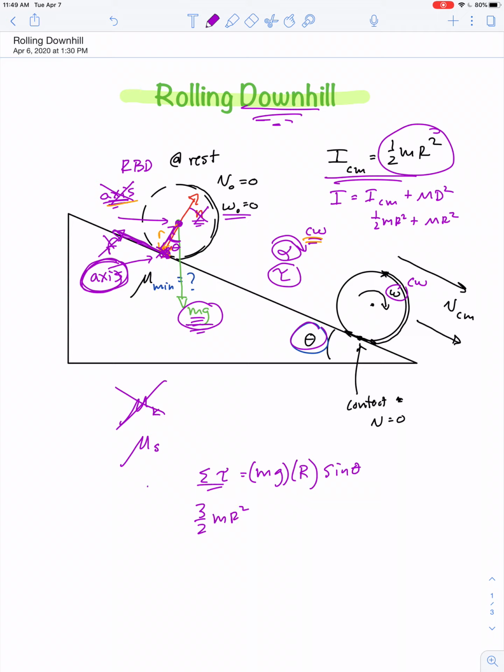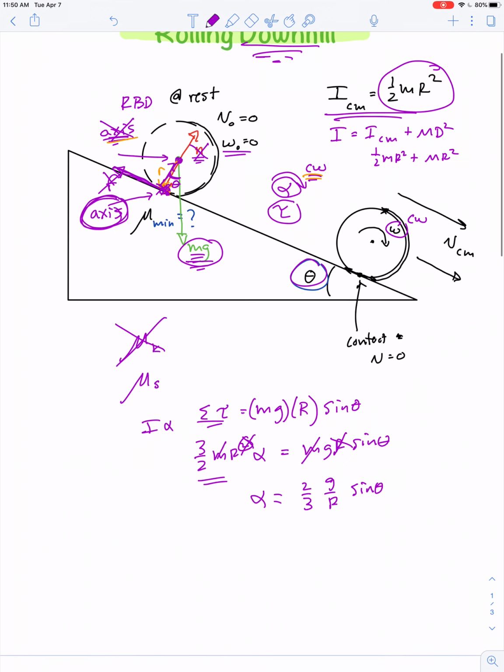So net torque is I alpha. There's the I. We need to throw in an alpha, and that's equal to mgr sine theta. Cancel out the m, cancel out one of the r's, and we get alpha is equal to 2/3 g over r sine theta.